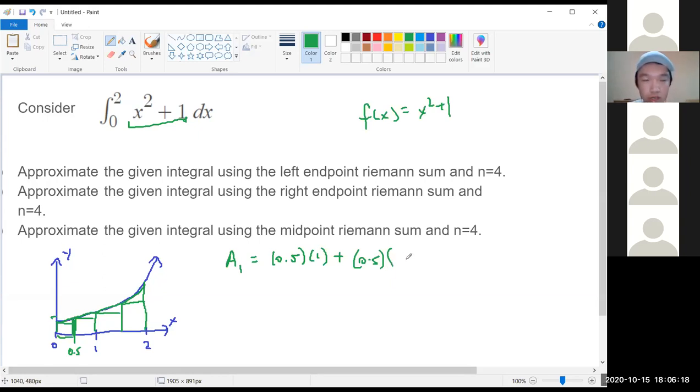So 0.5 gives you 1.25 as your height. And then the third rectangle is when you plug in 1, so that's a height of 2. And then the last rectangle is 0.5 times, and you plug in this x value, which is 1.5.